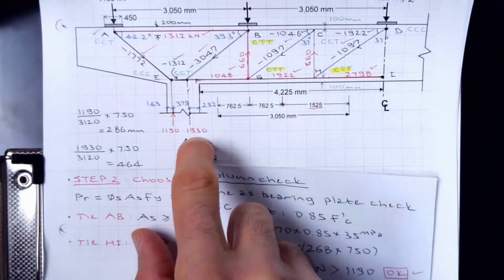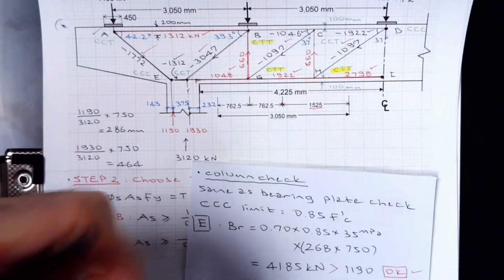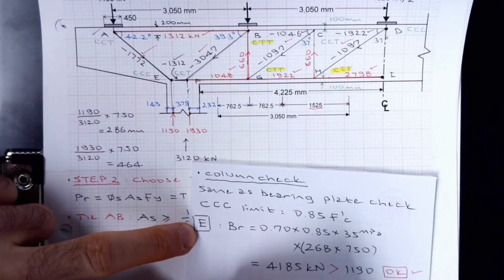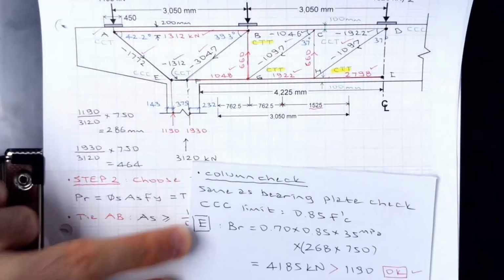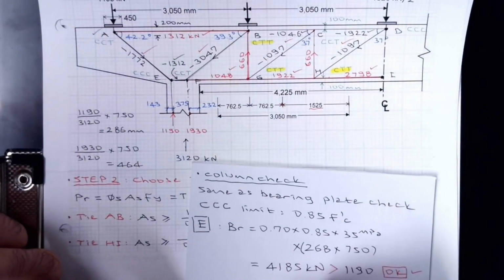Also check the other one, because for the other node I see tension, which is the CCT limit. It was 0.7 f'c, and this is at node F, and for this one BR 0.70. I'm sure it's going to pass.